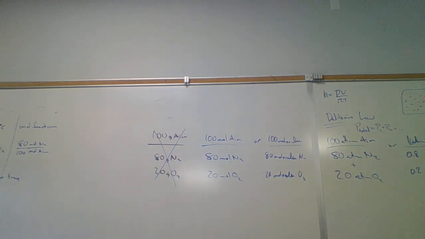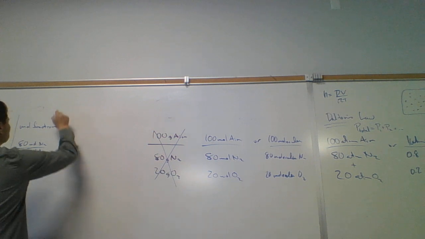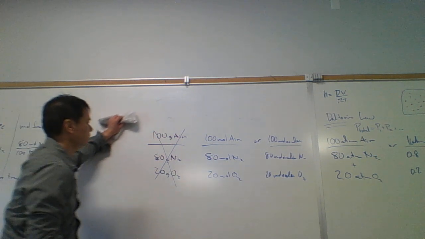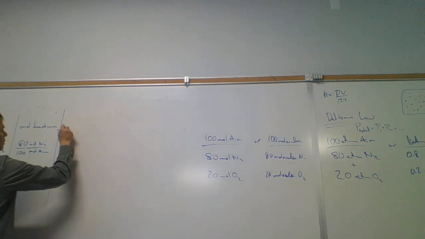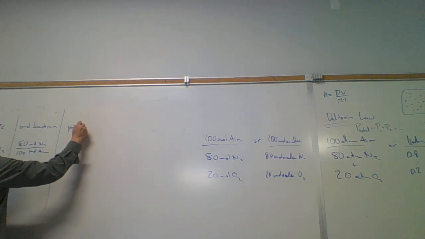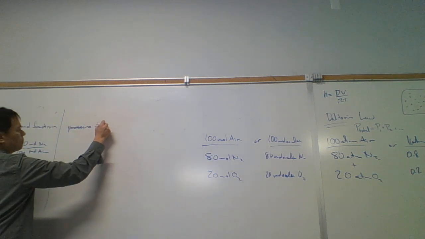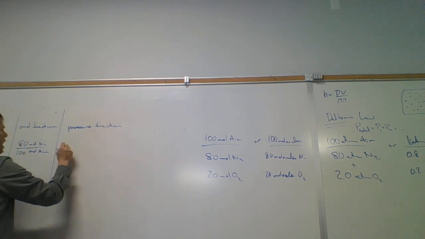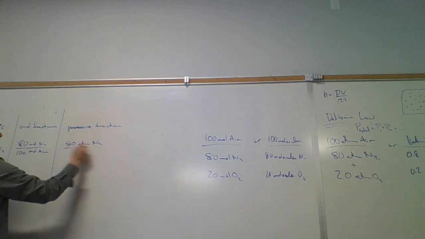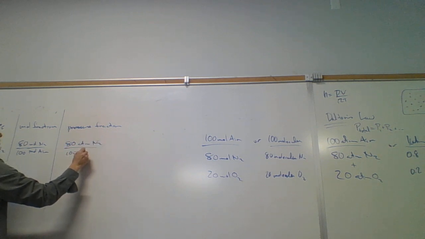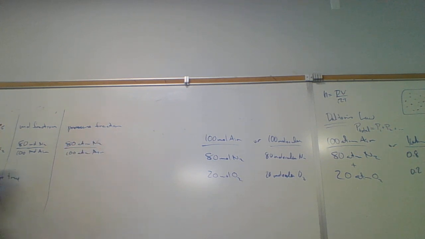However, the pressure fraction is going to look like this. Atmospheres of nitrogen for every 100 atmospheres of air. It's a pressure fraction.